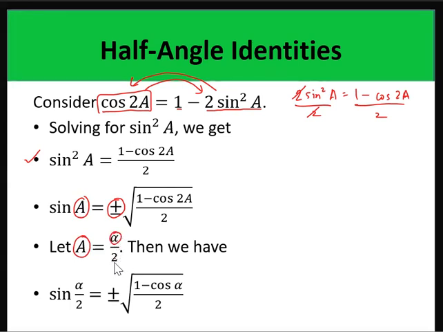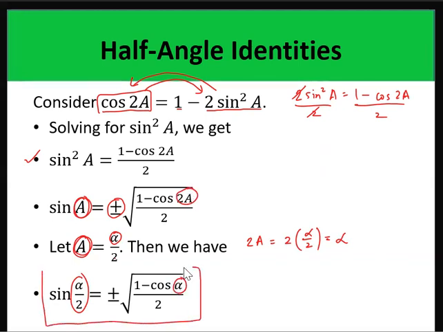This is to make sure that there will be a half angle parameter inside the sine function. So if you are going to use capital A equals alpha over 2, that would mean that 2 times capital A is equal to 2 times alpha over 2, which is simplified as alpha. So which means the angle A will be replaced by alpha over 2, and the angle 2 times A will be replaced by alpha. So this gives us the formula for sine of alpha over 2.